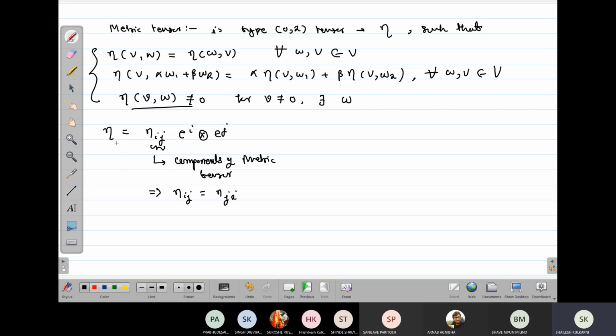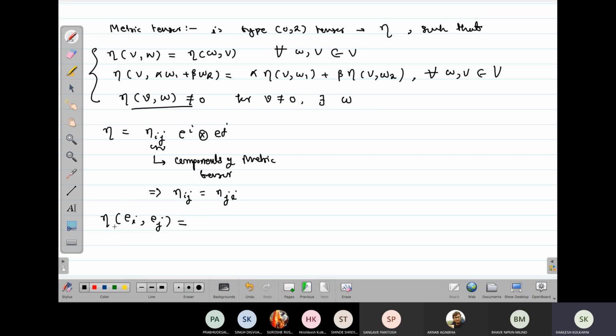So this is your metric tensor. How will you determine this eta_ij? You simply act this eta on the basis vectors. Eta is supposed to act on two vectors. Let us choose these two vectors to be basis vectors e_i and e_j.